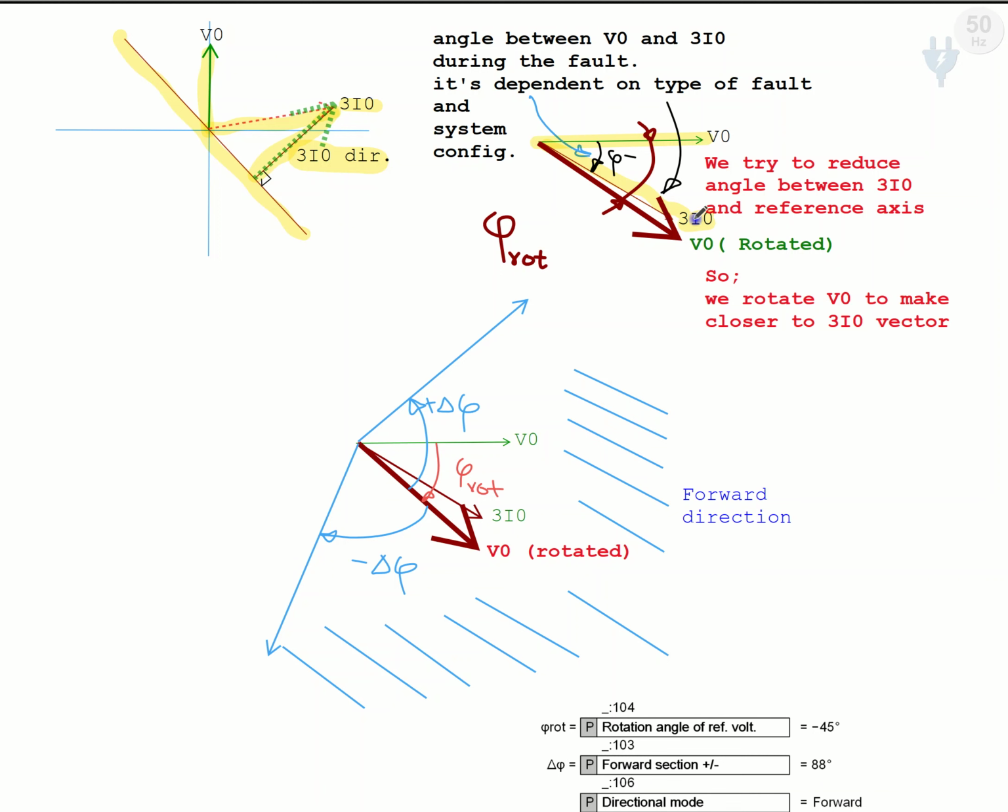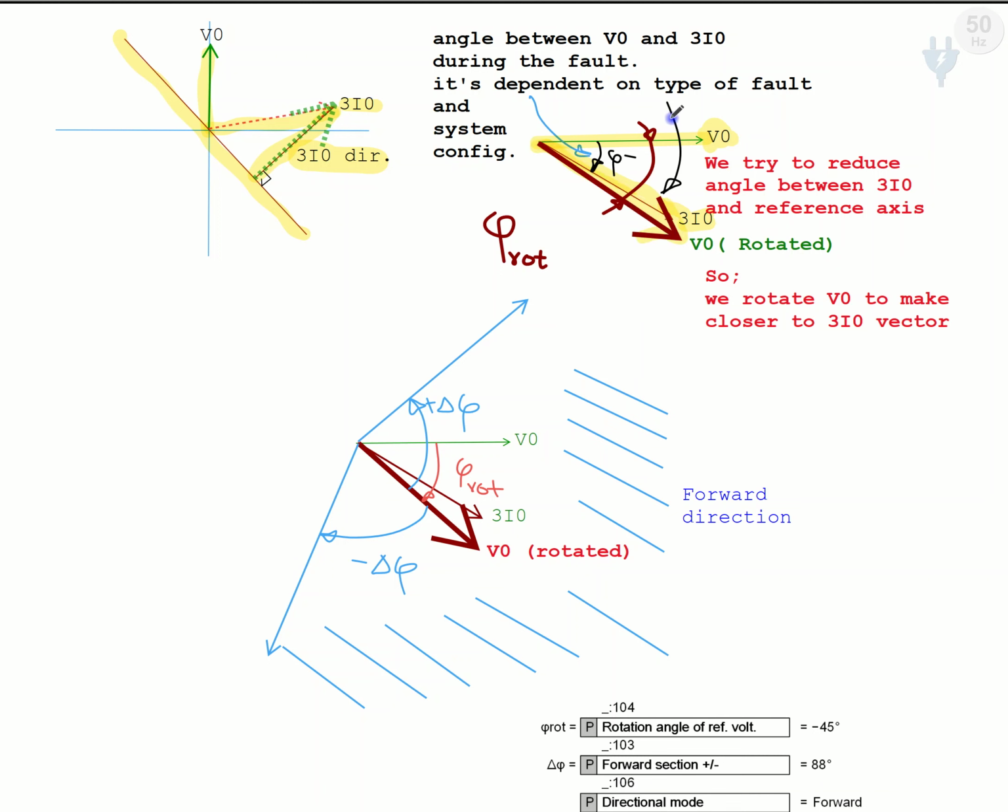But in this method, we are not providing any other axis. We are taking V0 as the axis for determining the direction. We are trying to rotate this V0 according to our system configuration, making it near to 3I0.